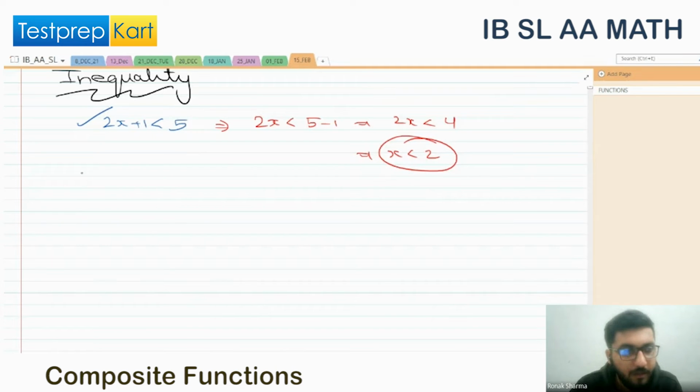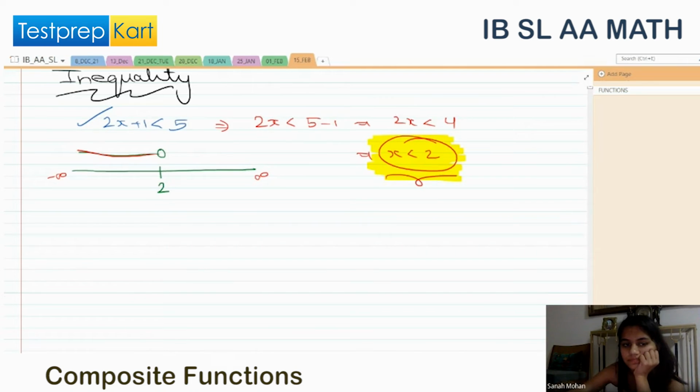So here the answer is x less than 2. That means on a number line we have minus infinity to infinity real numbers, and it is saying x is less than 2. That means all the numbers that are less than 2. Should we include 2 as a solution?